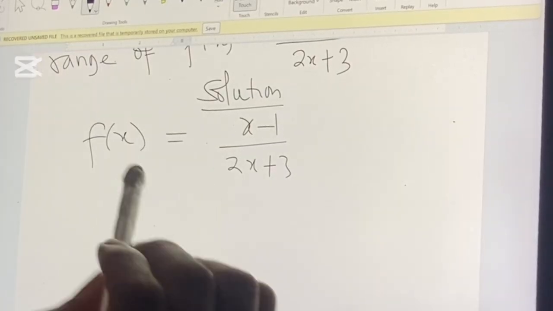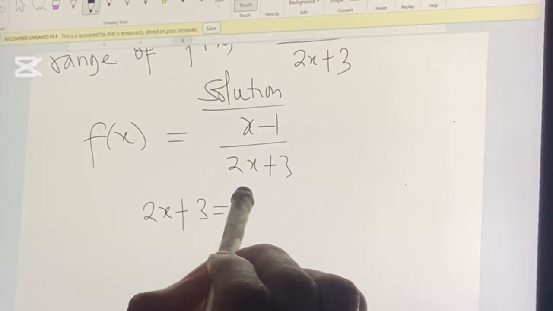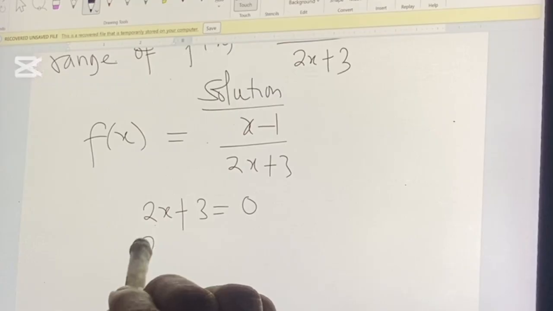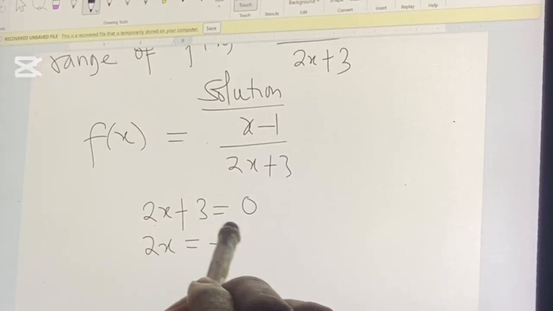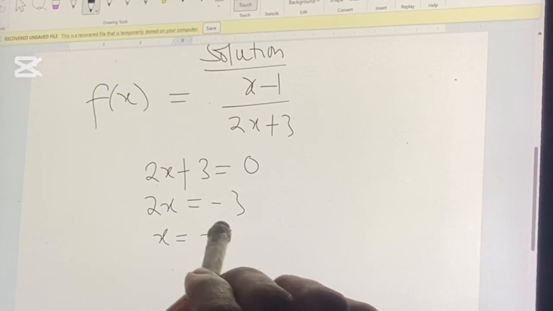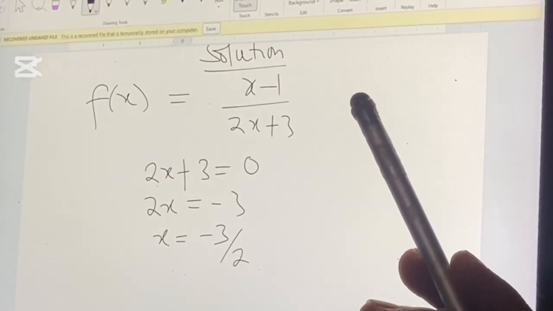Okay, so I will have 2s plus 3 is equal to 0. So now let's make s the subject here. This will be 2s is equal to minus 3. Our s here will be equal to minus 3 over 2. So that means this value of s, which is minus 3 over 2, will make this function undefined.